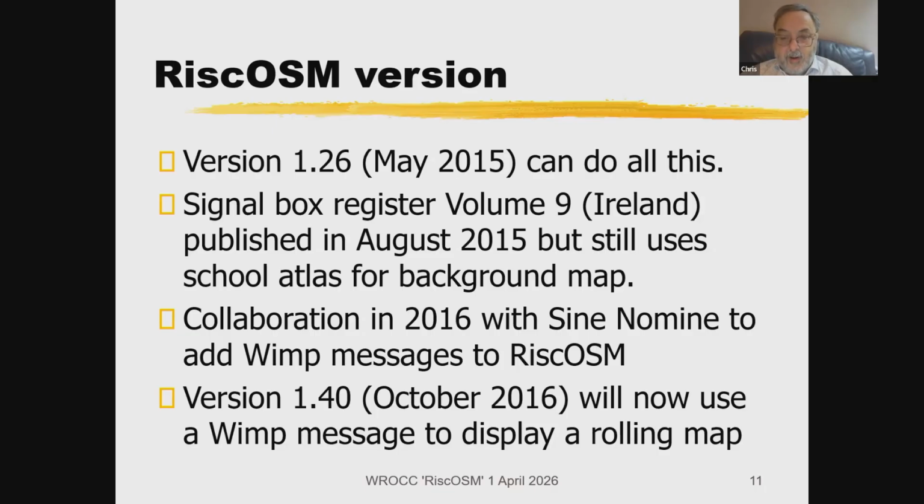In 2016, I got diverted from this task, and what I wanted to do at that time was to display a rolling map from a GPS device. So WIMP messages were added to RiscOSM that would take a message saying, "Hi, I'm over here," and display a rolling map to show where the GPS location was on a map.